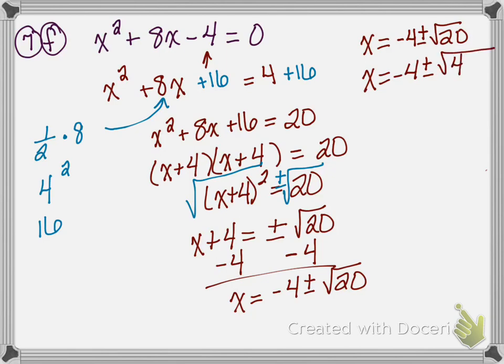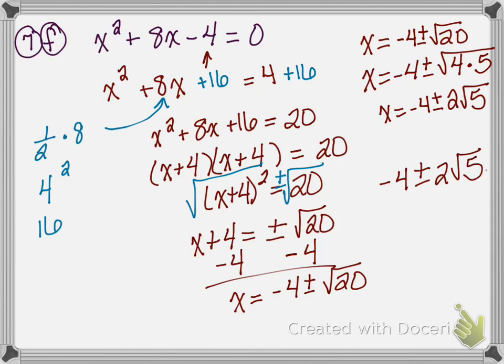So I have 4 times 5. I can take the square root of that 4. So negative 4 plus or minus 2, because the square root of 4 is 2, on the square root of 5. So negative 4 plus or minus 2 on the square root of 5 is your final answer.